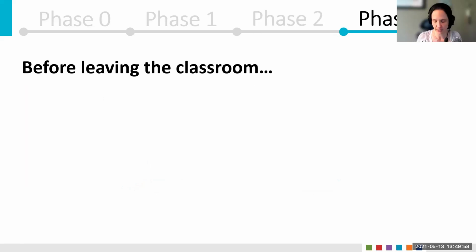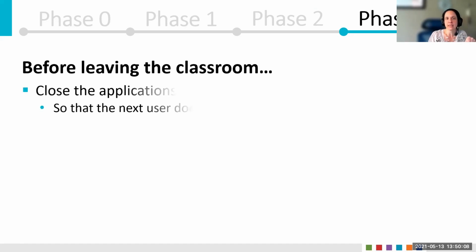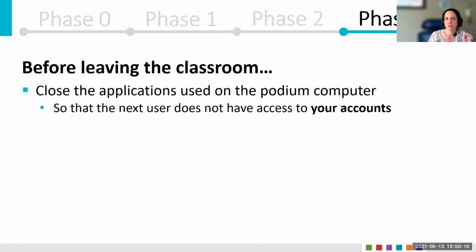So now phase 3, just before leaving the classroom. You're done teaching, with 10 minutes left. What do you do? For security reasons, we really highly encourage you not to leave your accounts open on the classroom computer. Anybody can theoretically have access to that. Also, to make sure everything works well with the equipment if you've made any tweaks, close any application you've used on the podium computer.